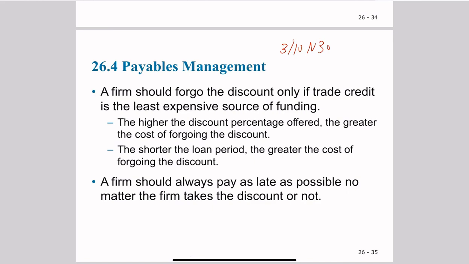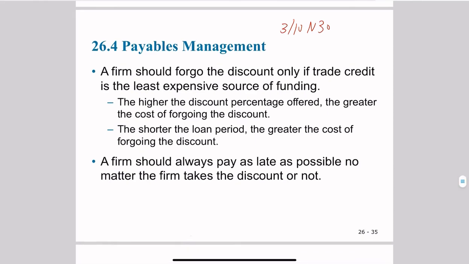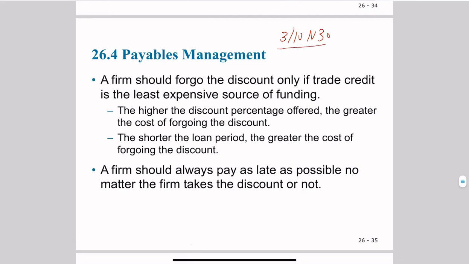Now, should you pay on day 10 or should you pay on day 30? Well, this is actually very easy. We discussed a problem very similar to this in the last class. So basically, we learned that this 3, 10, net 30 will imply a certain interest rate, right?